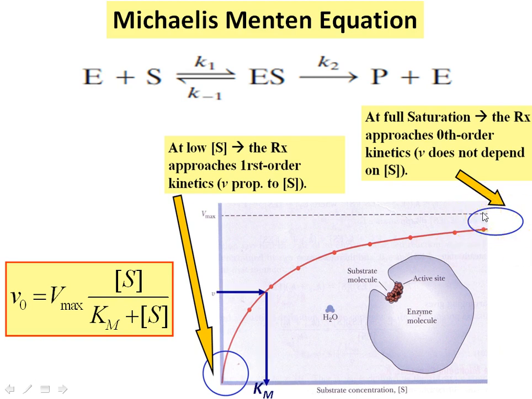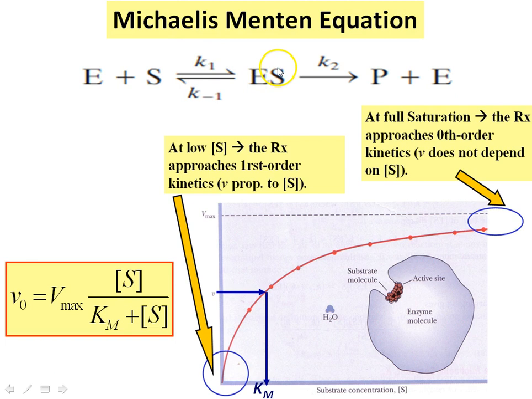This is the Vmax. And this is completely explained by the Michaelis-Menten kinetic model, whereby a free enzyme combines with the substrate to form the enzyme-substrate complex with a forward rate constant K1.